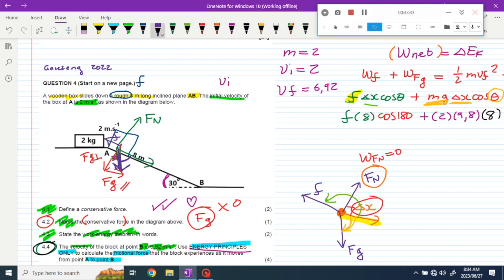Between Fg perpendicular and the displacement, what is the angle? Let me ask again: Fg perpendicular over there and the displacement, what is the angle? 90. Between Fg perpendicular and the displacement, it's 90.